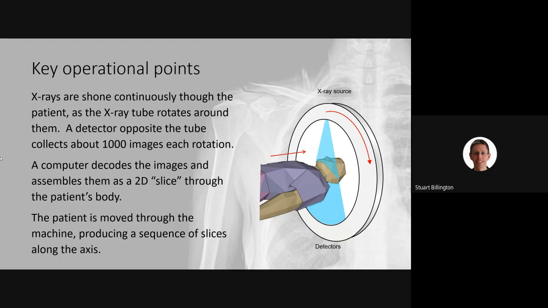If you look at the diagram that's on the screen now, you can hopefully see that it's a fan-shaped beam of X-rays that comes out, whereas in a conventional X-ray, it would be a cone of X-rays that comes out.